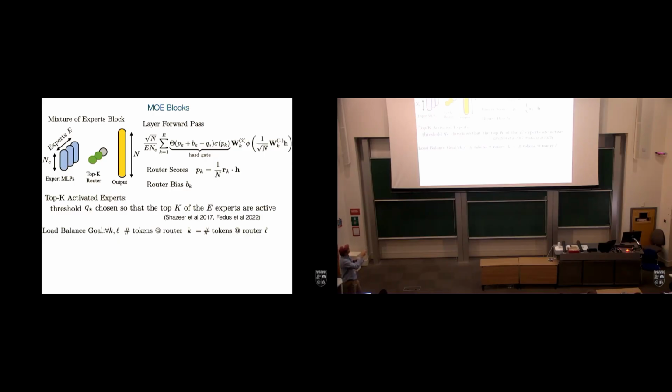So I want my tokens distributed roughly evenly, with the number of tokens at router K roughly the same as at router L. Some people put in, by hand, an auxiliary loss in their training procedure that encourages the model, end to end during optimization, to promote this load balancing. We looked at this. It was really hard to get this to work.